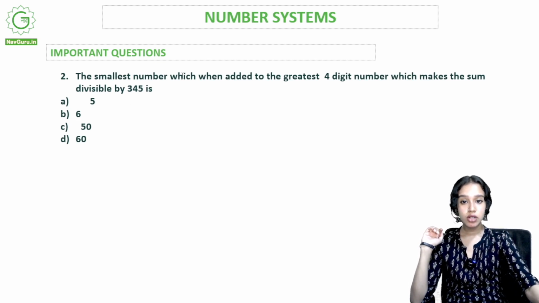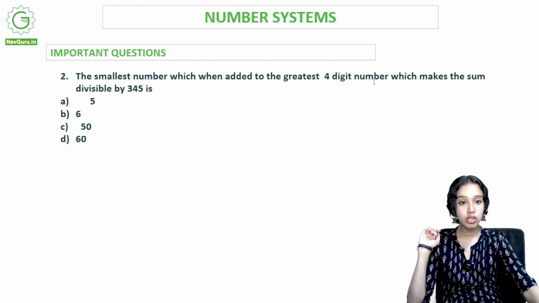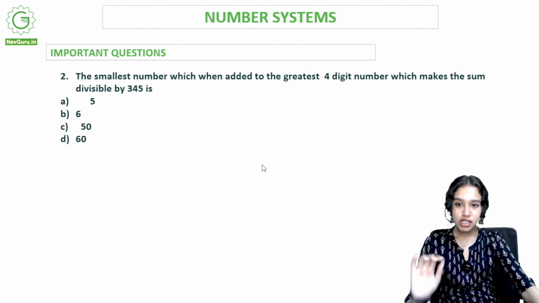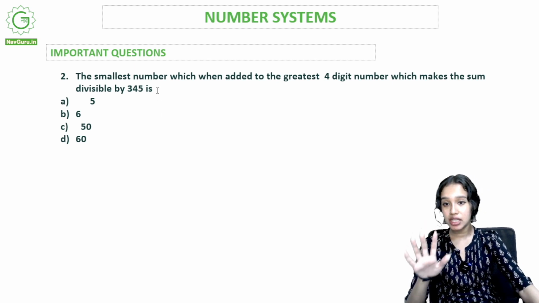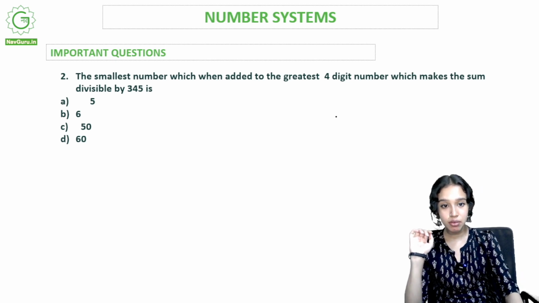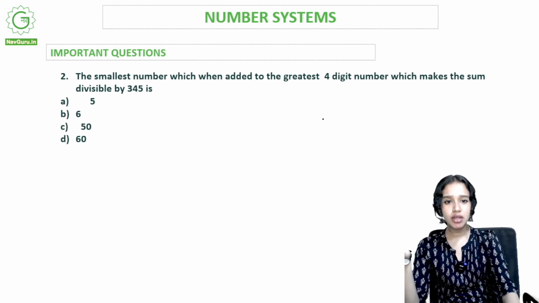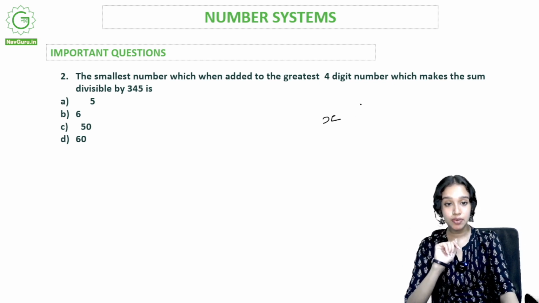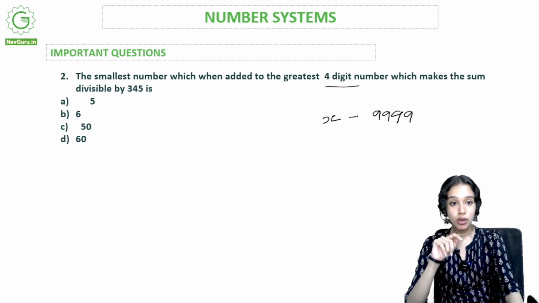The smallest number which, when added to the greatest 4-digit number, makes the sum divisible by 345. This question seems a little bit tricky, but let's see what it is. The smallest number, say, I'm naming that number x, which when added to the greatest 4-digit number, what is the greatest 4-digit number? It's 9999, which makes the sum divisible.